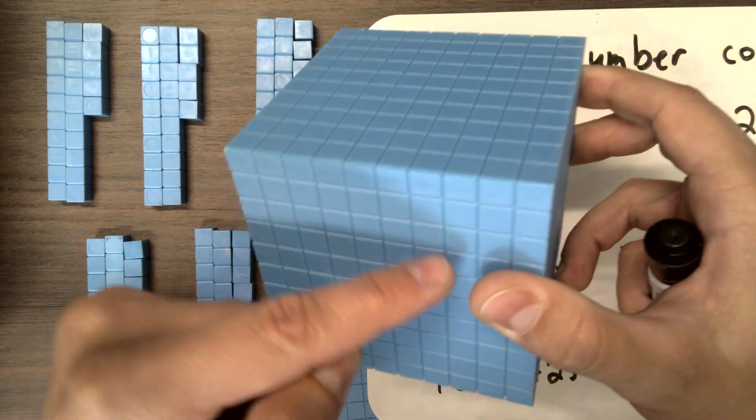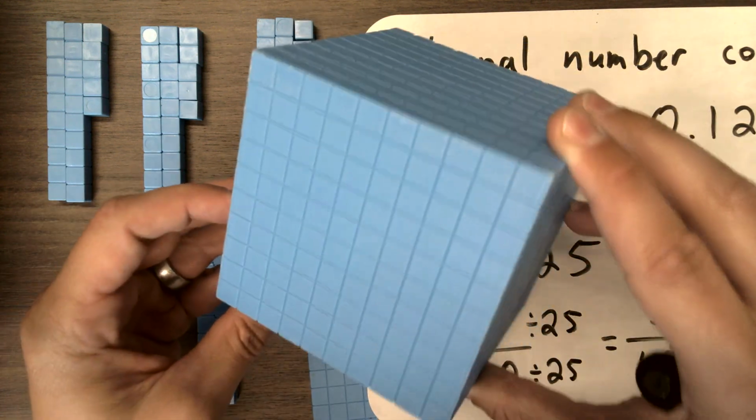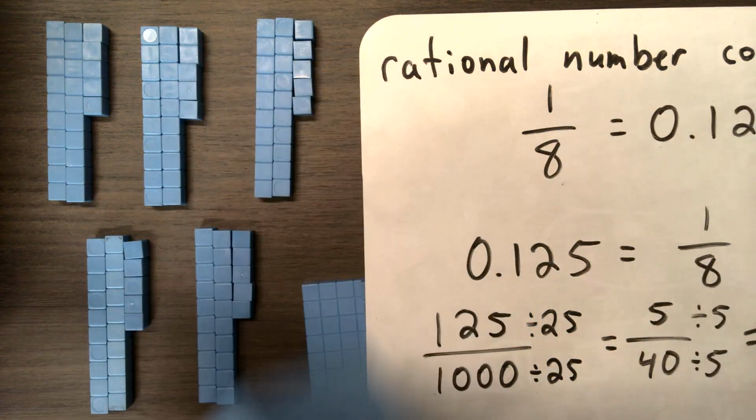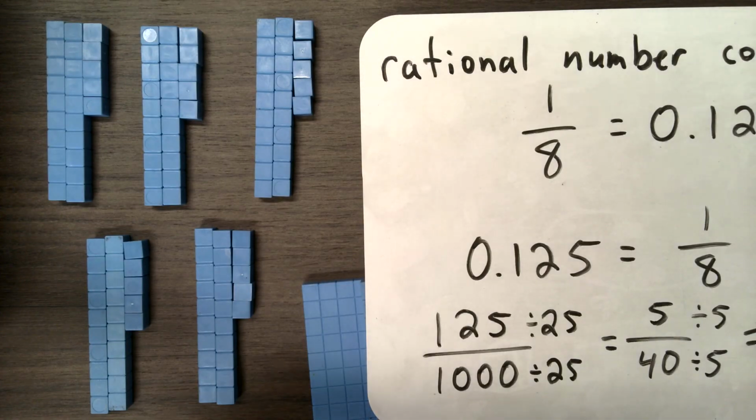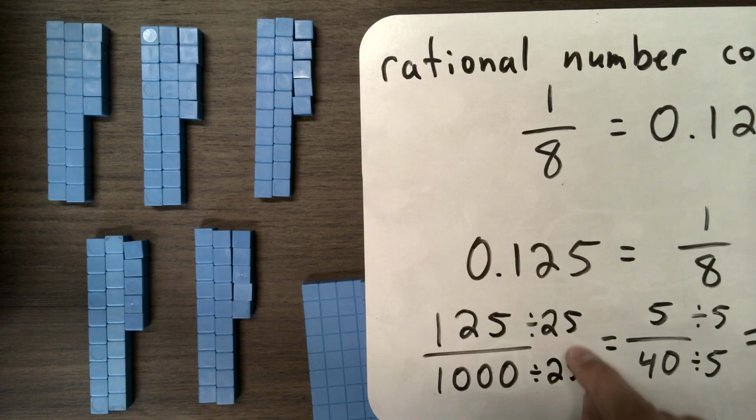Okay, and as we'd continue to move through this cube with the size of 1, we'd find that there's a total of 8 groups of that size in the whole. So that's a repeat of showing how that equivalent fractions algorithm works for division, and that's how we can then arrive back to that fraction of 1/8.